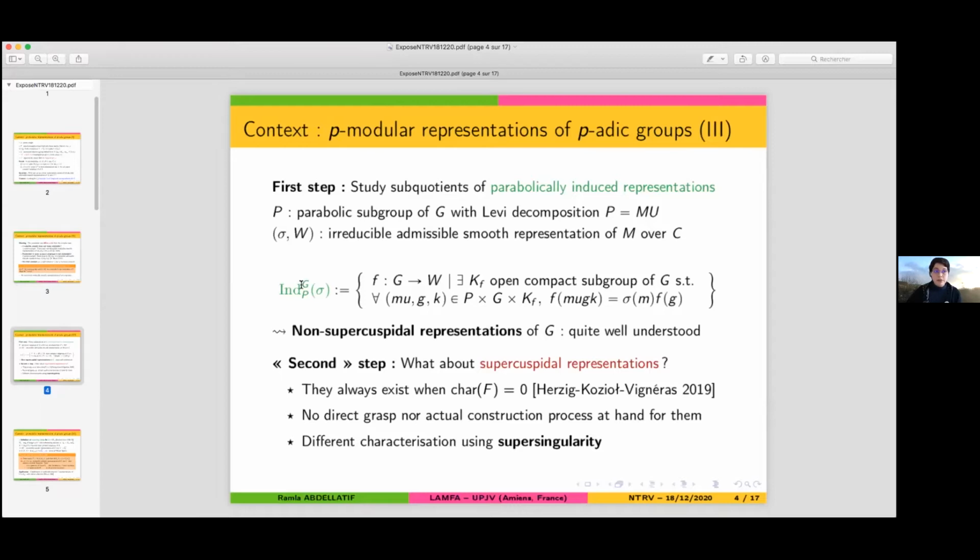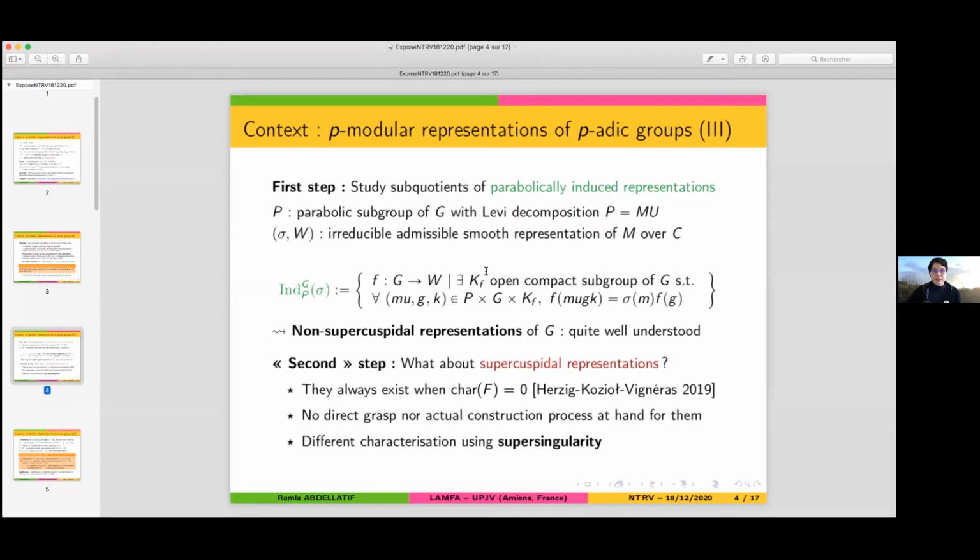The parabolically induced representation is defined in the standard way, with no normalization or anything like that. So it's just functions that are, in some sense, P-equivariant with respect to sigma, okay? And for this to be a smooth representation, you have to put a uniform local constancy assumption on the functions.